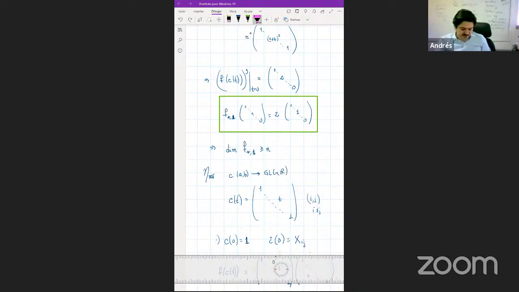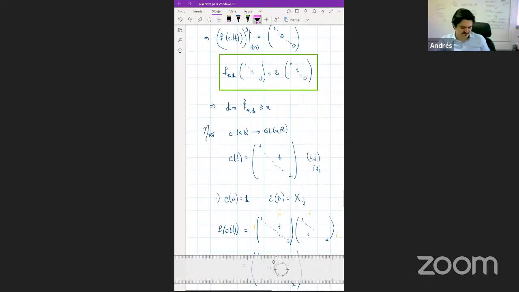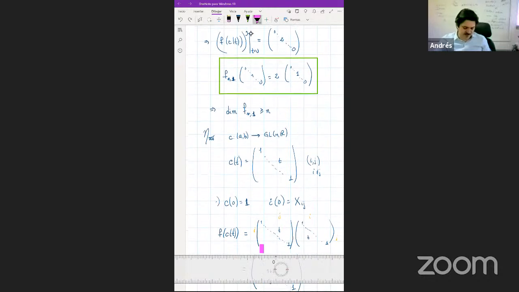Okay. Now, I would like to push forward this vector under F and see what do I get. So we use the curve: the curve times the transpose. So this entry is in the ij, and then it goes to the ji.